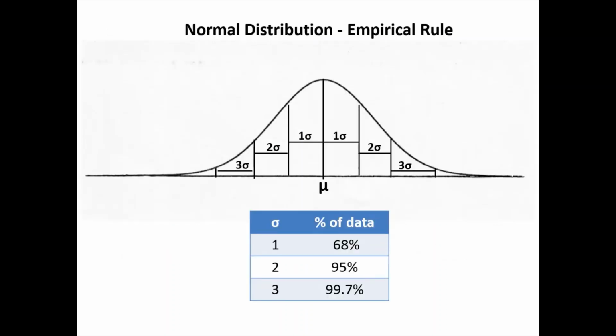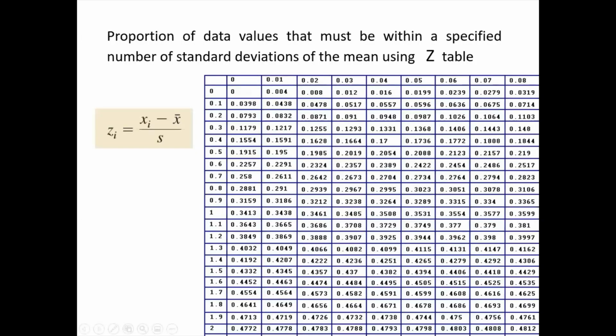The normal distribution problems. So this is the empirical rule, and this is the z table which I have already shared with you. So all of you have this z table copy with you. And this is the formula. So everything is with you now. Formula is with you, z table is with you.